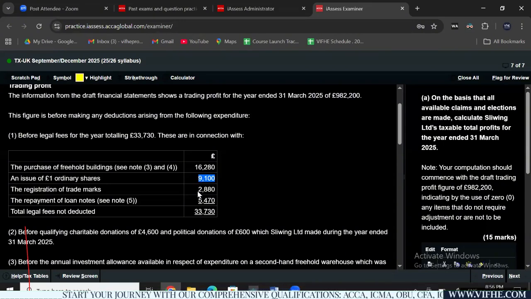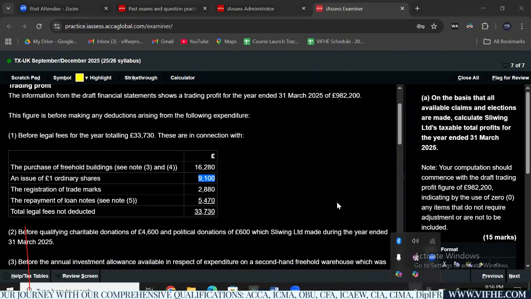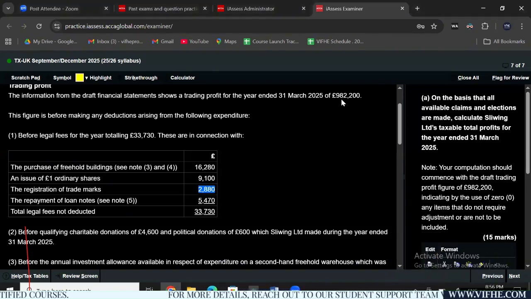This is an exceptional thing, despite the fact that registration of a trademark or patent, copyrights, or payment for patents or copyrights are all capital activities, but still HMRC has specifically allowed them, so they should be deducted. Now, as this 2,880 has not been deducted against this 982,200, I will be deducting this 2,880 pounds.